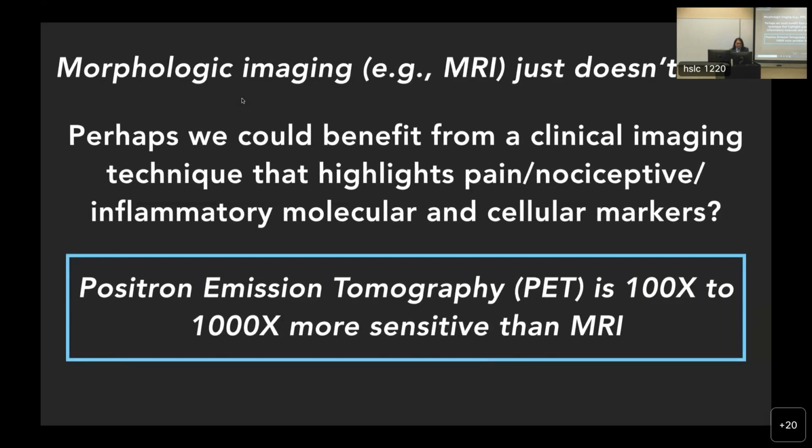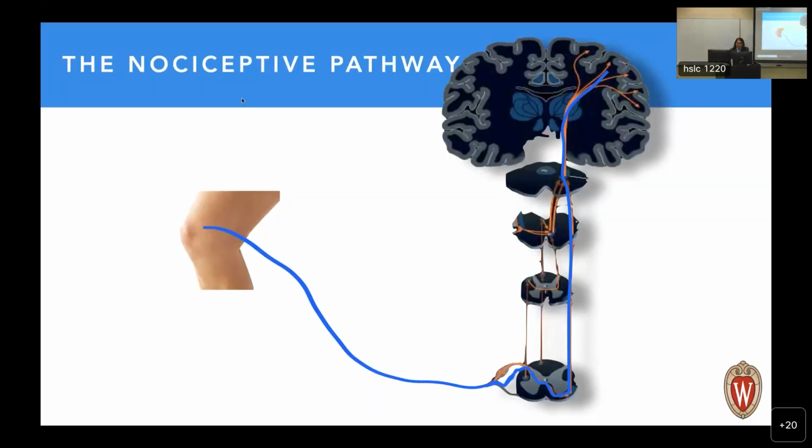And if there's anything you take home today, positron emission tomography is a way of looking at molecules that you're interested in, and it's about 100 to 1,000 times more sensitive than MR. So already you have an advantage using this technology. It may not be as crisp as an MR image, but it'll give you kind of a molecular map of where things are happening.